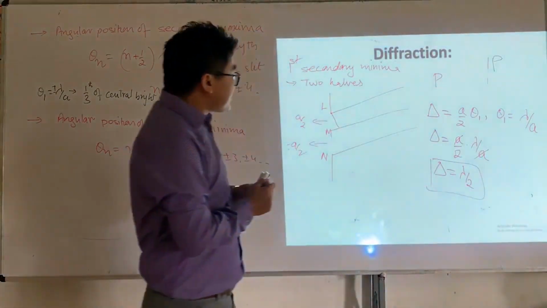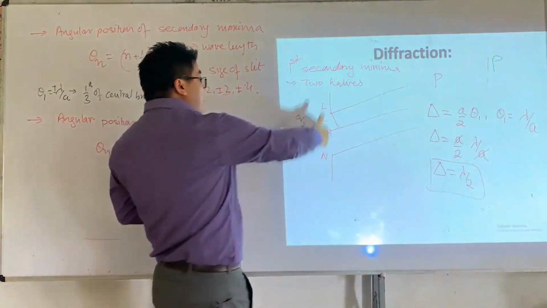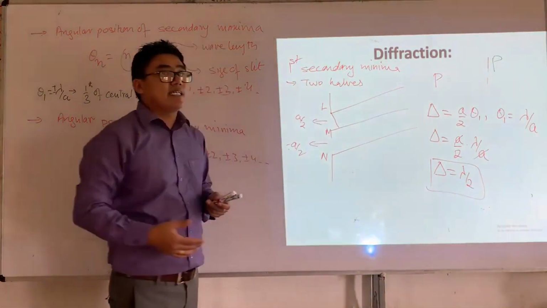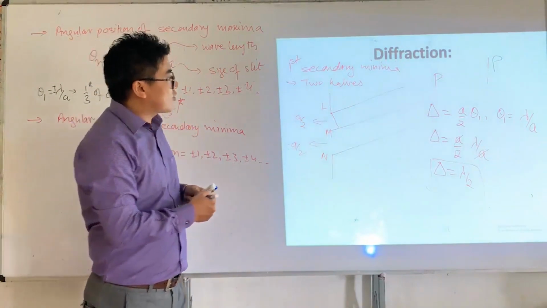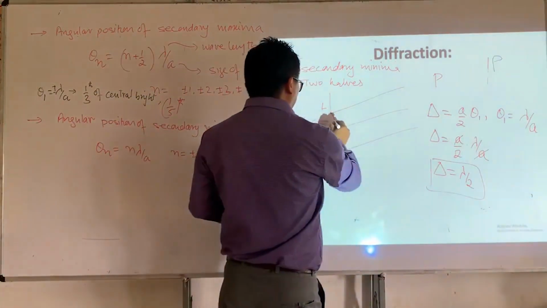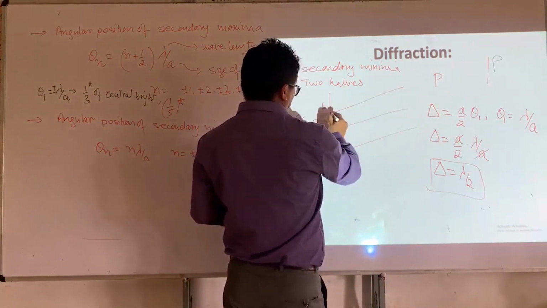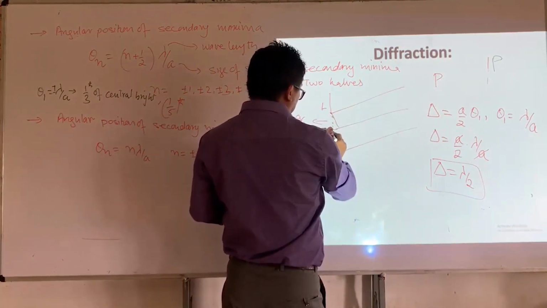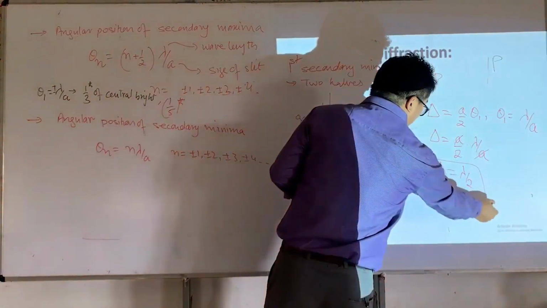So this tells that the path difference is lambda by 2. This means that all the parts of the slit interfere destructively. So this destructively and this destructively, and it goes on like this. This corresponds to that, this corresponds to that. This is how the interference is there.